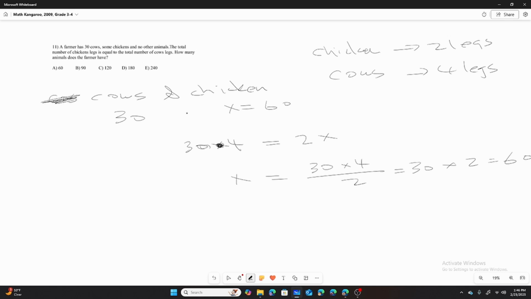So now we know that there are 60 chickens and 30 cows. Remember, the question asks how many animals does the farm have? And there is only chicken and cows in this farm. There's no other animal. So it's going to be the total number of cows, which is 30, and the number of chicken, which is 60, 90. It would be B.